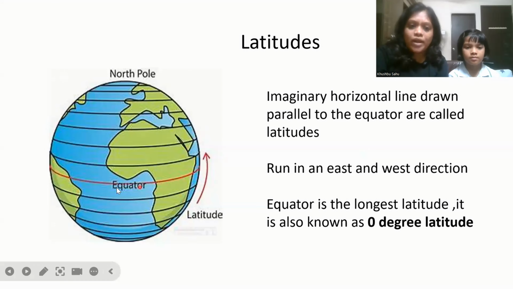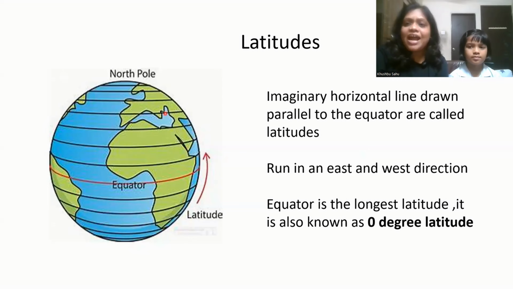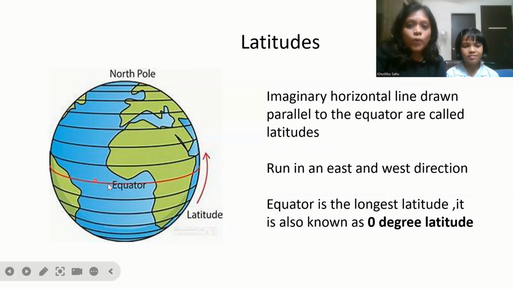This is the equator which divides our Earth into equal halves. There are several imaginary horizontal lines drawn parallel to the equator, and these are known as the latitudes. Do you know one thing? That the equator is considered the longest latitude.